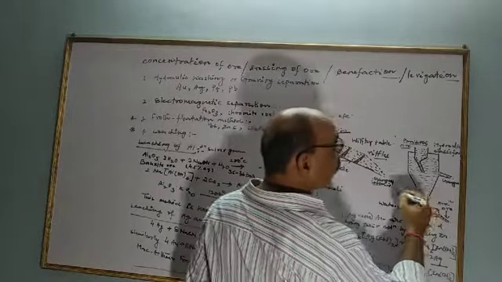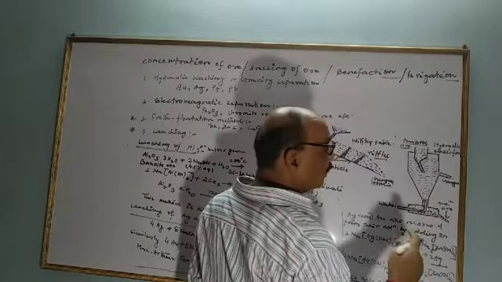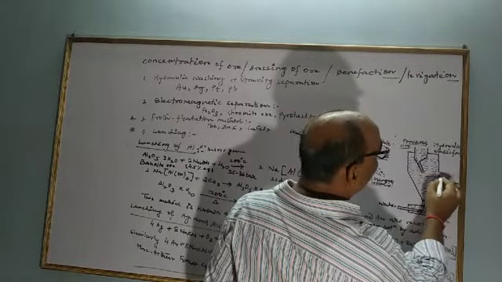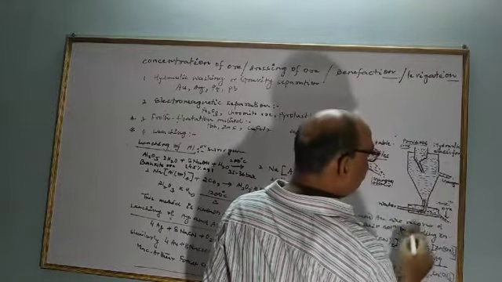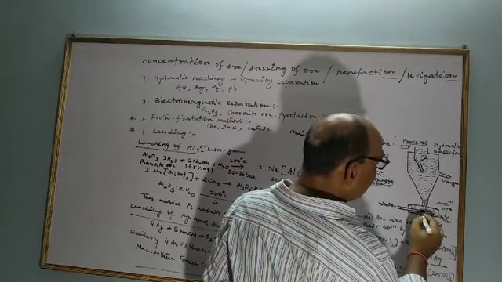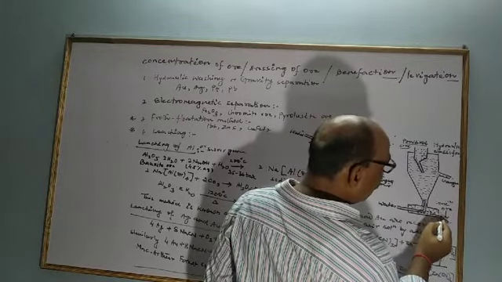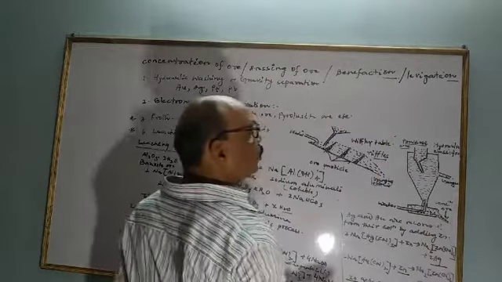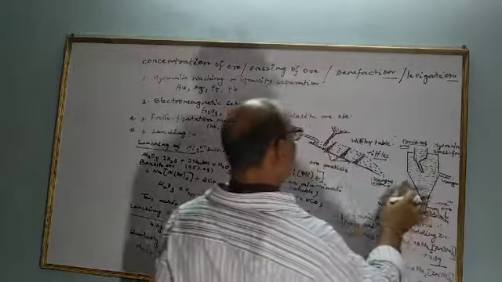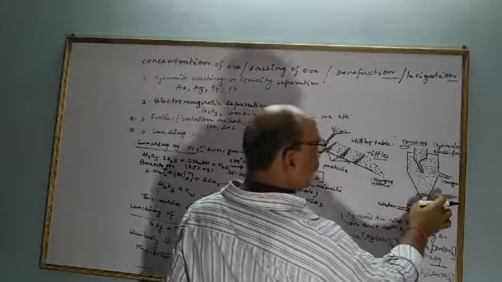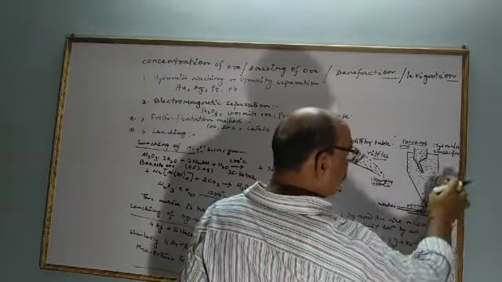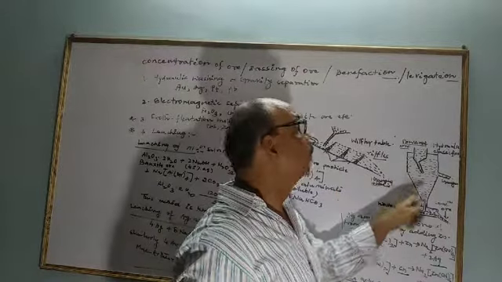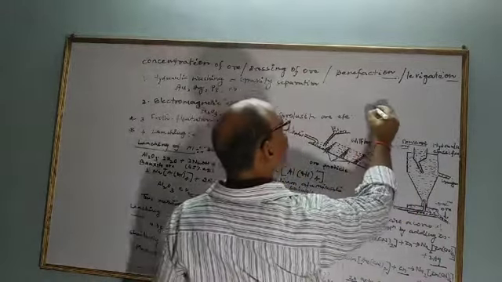Gangue particles or impurities, being lighter, having less density, are washed away through the upper outlet, and the heavy ore particles are settled down, and here the concentrated ore is collected. So this is the hydraulic classifier, and either of these two can be used for the gravity separation.